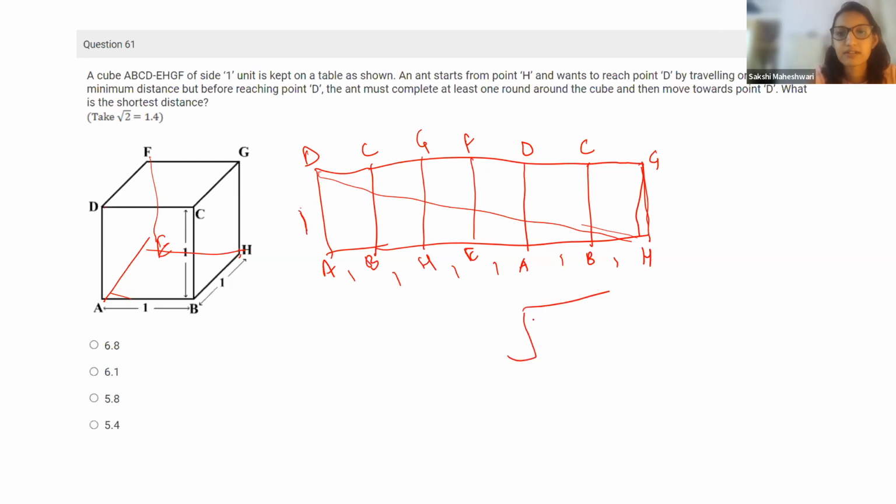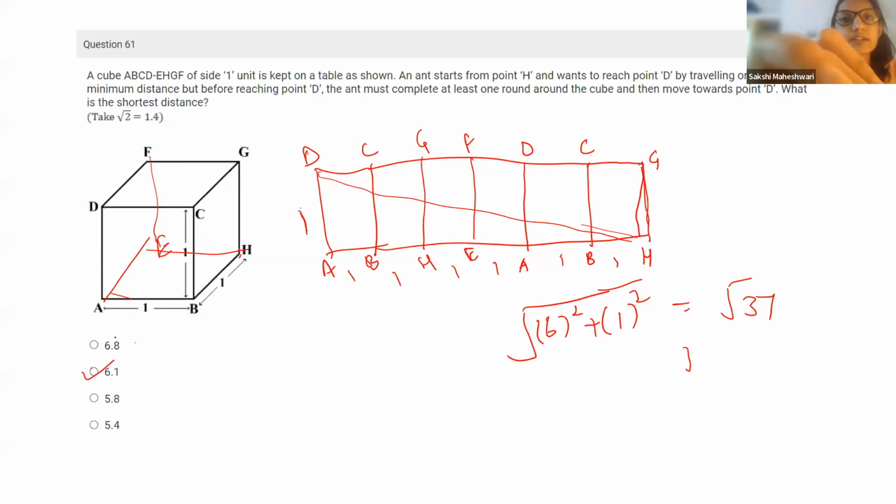So this is under root of 6 square plus 1 square, which is 37, somewhere around 6.1 maybe. This is a very typical question and not very easy, so you could skip it. On a diagonal you need a surface, it won't go through the air. Okay, getting it?